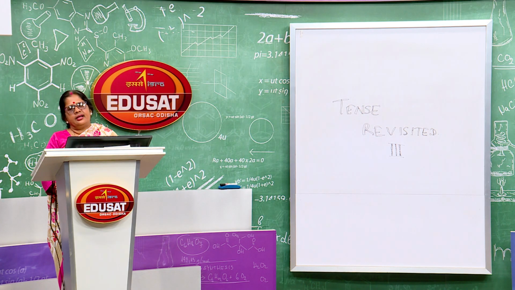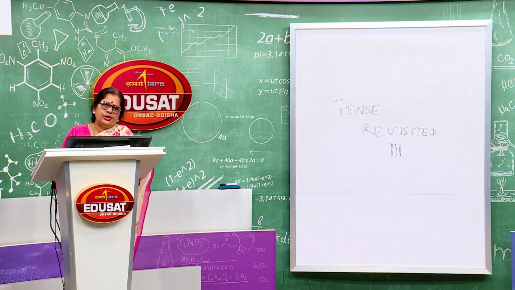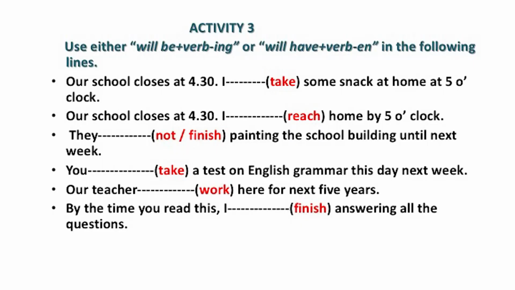Next, there is an activity based on future progressive and future perfect. I must tell you, future progressive means will be plus verb ing, and future perfect is will have plus verb en form.